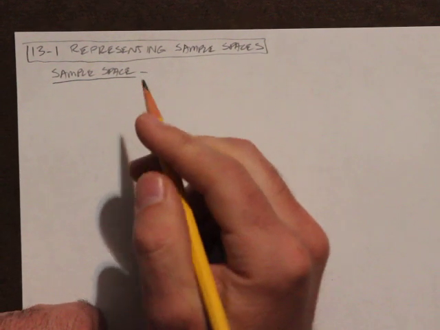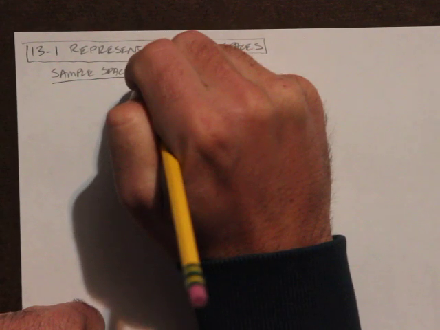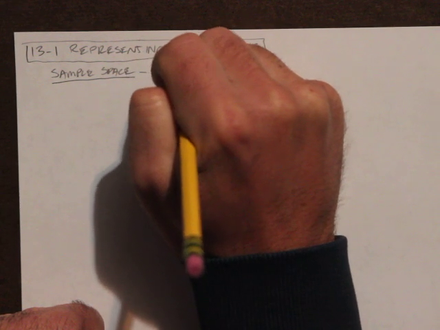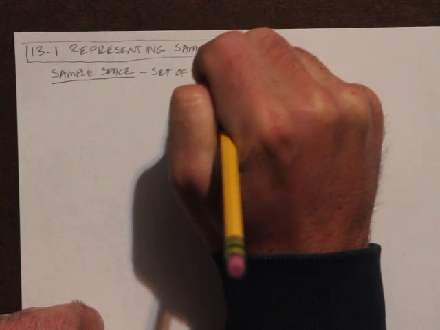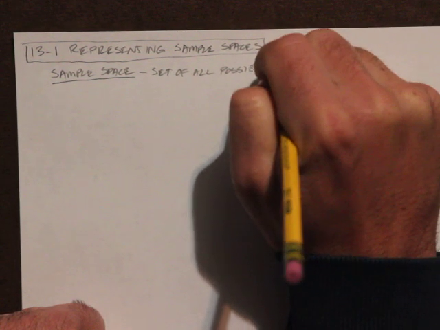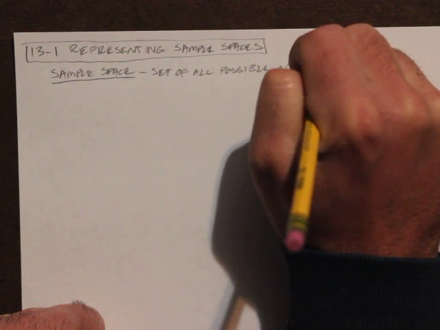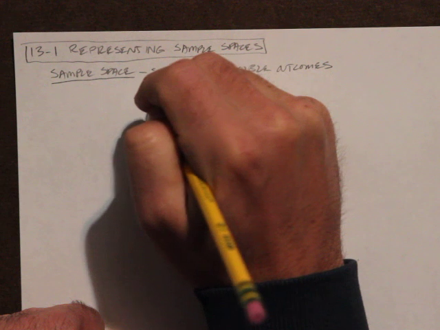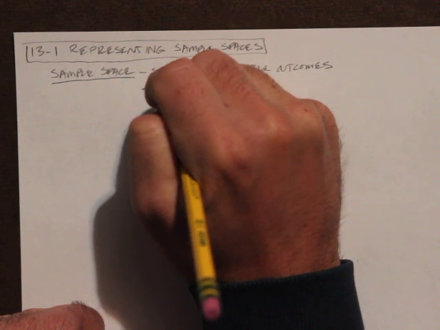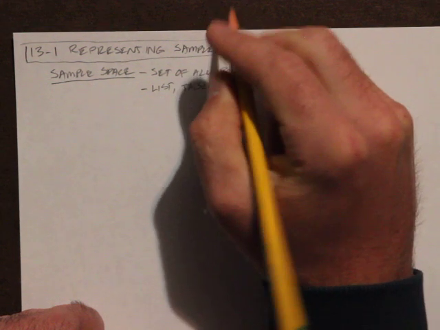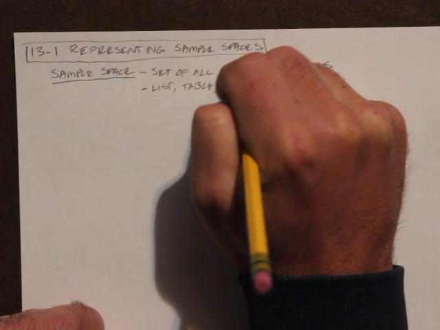Sample space is a set of all possible outcomes. We can show this as a list, a table, or a tree diagram.